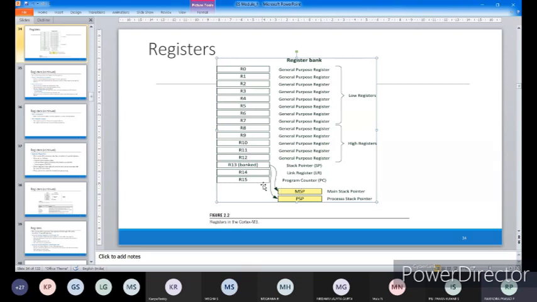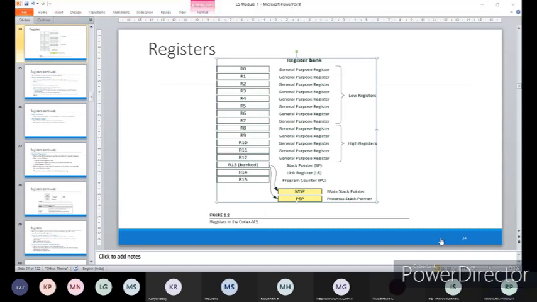The link register is used when I want to connect an external register, then I have to initialize R14. The program counter counts which instruction should be pipelined next. The stack pointer indicates which line is executing now, and all these are 32-bit length. So 2 power 32 is the address space for this R0. Like this you have 15 registers.